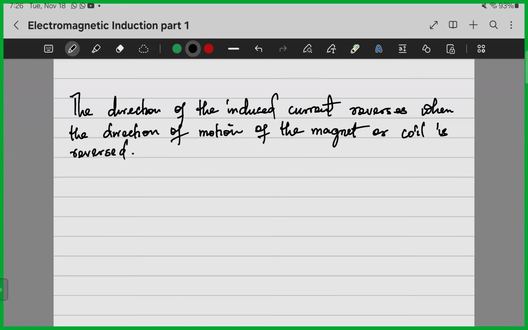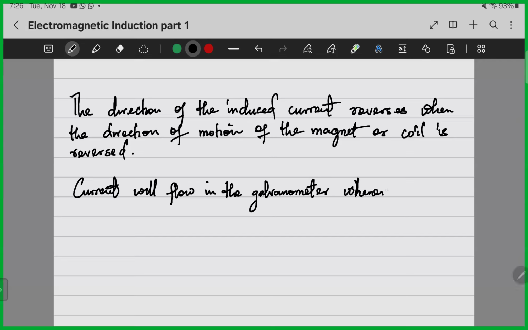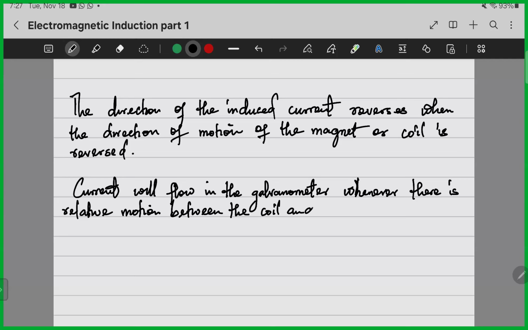Let's now talk more by saying: current will flow in the galvanometer whenever there is relative motion between the coil and the magnet.